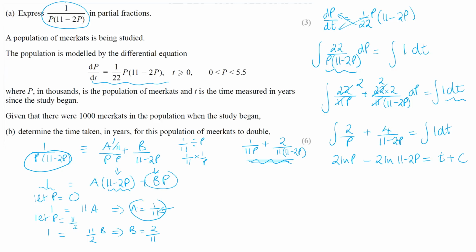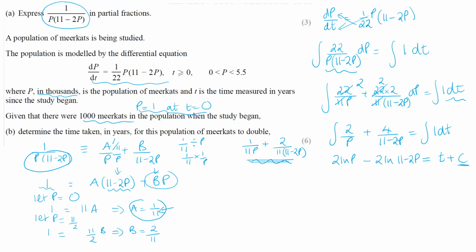Now we're being told that there are 1,000 meerkats in the population when the study began. So the population is being measured in thousands. So this is telling us when p is equal to 1 at t is equal to 0. And this information is going to allow us to find this constant of integration c.